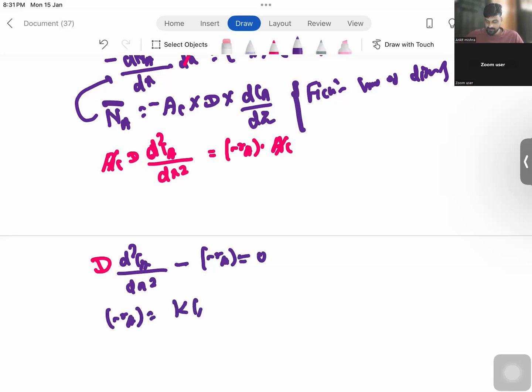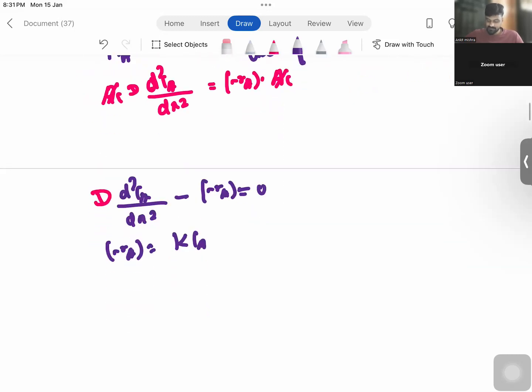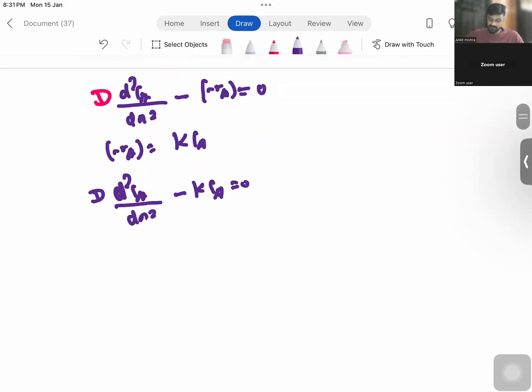Minus of Ra is your KCA. Fine. If you substitute these things, you can write D2CA by dx square minus KCA, that is equals to 0. So you can write D2CA by dx square minus K by D into CA, that is equals to 0.